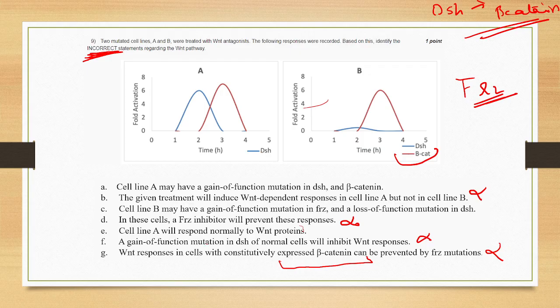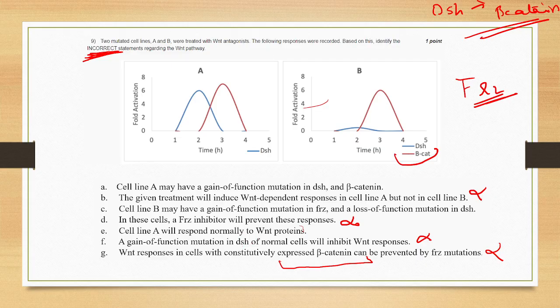Gain of function mutation means that this mutation has increased its function. Whatever function this particular protein is destined to perform, that function has increased. Loss of function means whatever function a protein is destined to perform, it has lost it. So gain of function mutation in disheveled means that the normal function of disheveled is to prevent beta catenin from degradation, and gain of function mutation means that now it is more strongly preventing beta catenin from degradation.